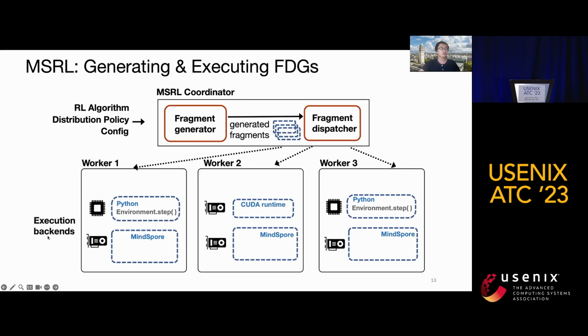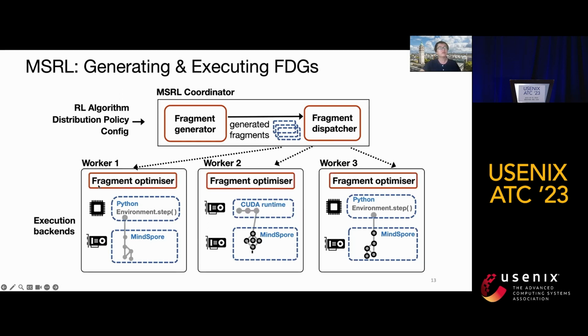Each worker will contain some execution backend, for example, a Python runtime or a DL training engine. And at the top of each worker, there is a fragment optimizer. The purpose of those optimizers is that when the fragment dispatcher dispatches multiple instances of the same fragments to the same worker, the optimizer can fuse or group those fragment instances into one big instance to avoid the overhead of processing those instances sequentially.